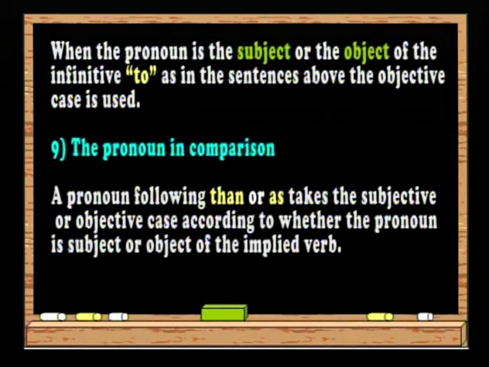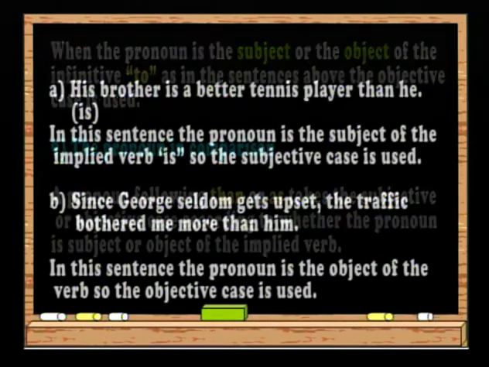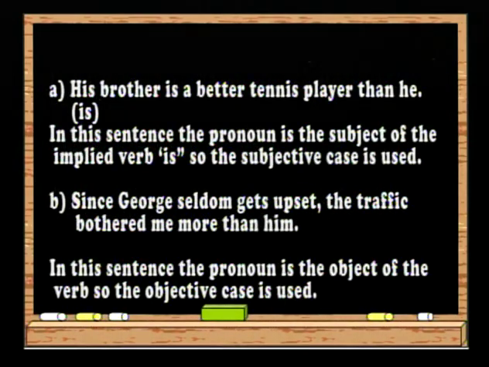Now, boys and girls, we look at the pronoun in comparison. A pronoun following than or as takes the subjective or objective case, according to whether the pronoun is subject or object of the implied verb. His brother is a better tennis player than he, and is implied.